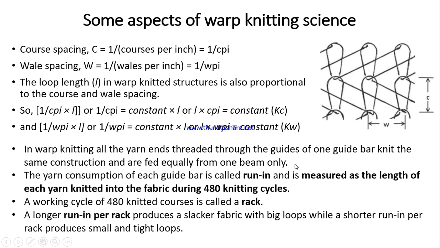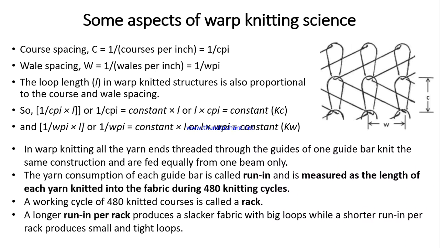So basically, one separate beam is required for a separate guide bar. If a machine is having two guide bars, there should be two warp beams, and from a single warp beam, all threads are to be fed in a guide bar. The guide bar has the same movement, and the guides situated over that guide bar also follow the same movement.